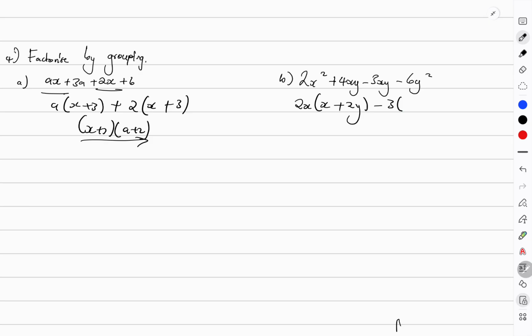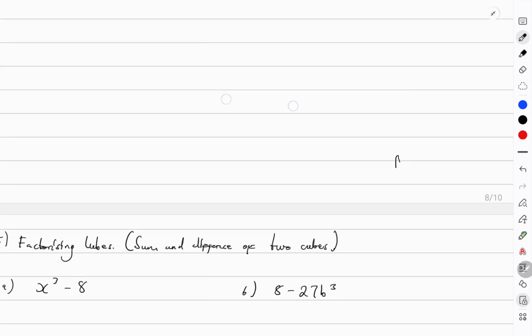Then, if I take out negative 3y, what should I multiply by negative 3y such that I have negative 3xy? It is going to become x. What should I multiply by negative 3y such that I have negative 6xy? It is going to become positive 2y. There's a common factor between those two, which is x plus 2y. I will take out that x plus 2y such that I'll be left with 2x minus 3y. That is what I'll be left with.